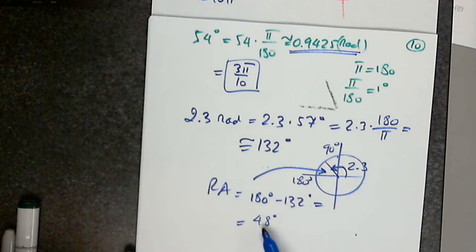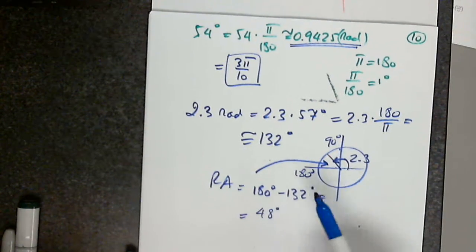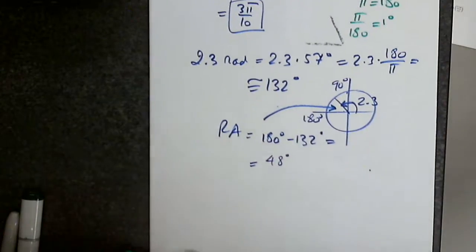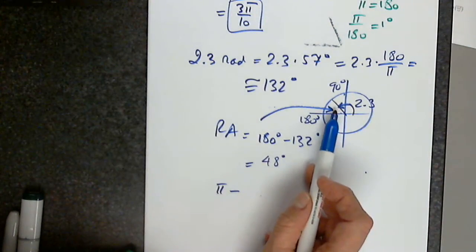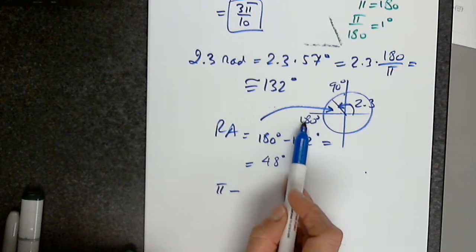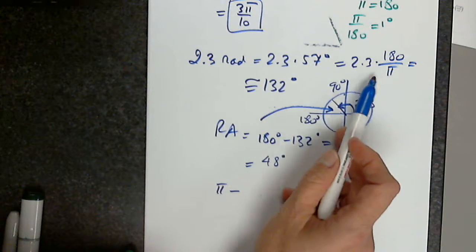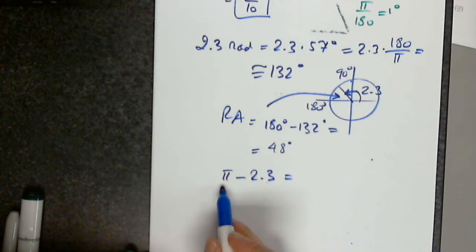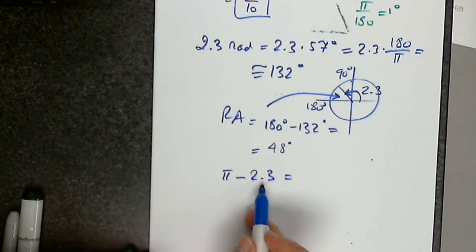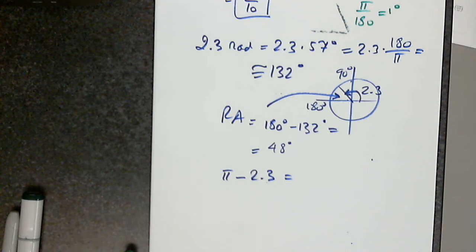The other way, not to, because this is an approximation here, the other way would be to say pi minus this angle, because I know I established it in the second quadrant. So if I subtract from 180 or from pi this angle, 2.3, pi is in radians, 2.3 is in radians, I will get radians.